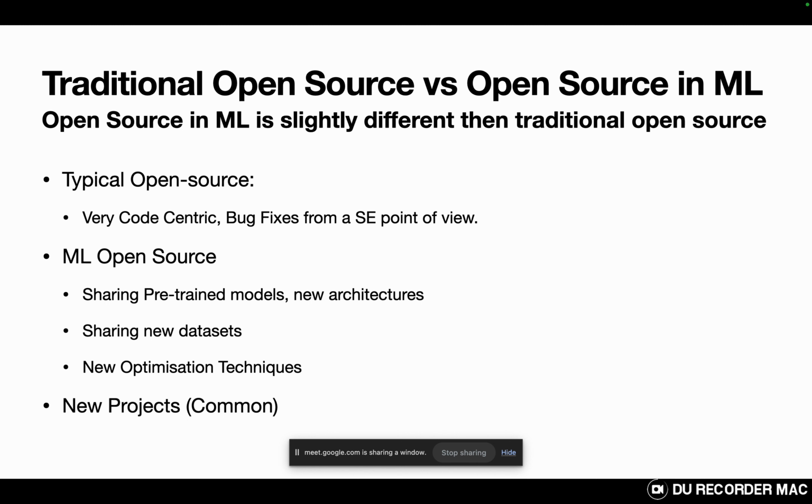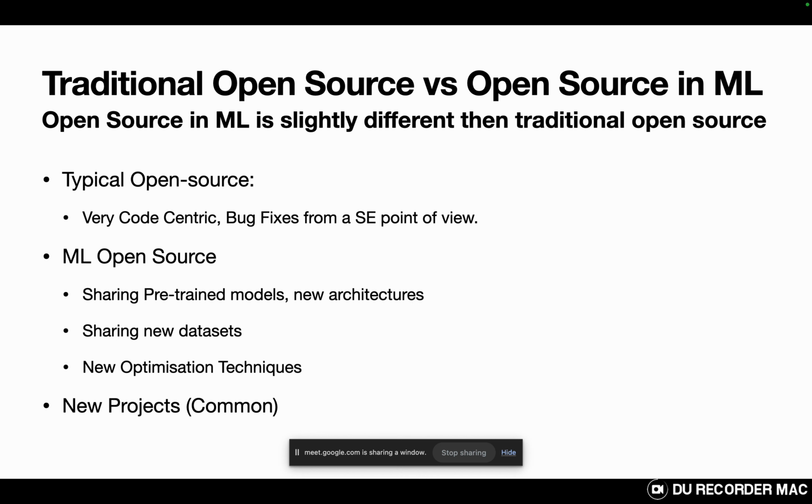So before talking more about how we can do open source in ML, I'll talk a little bit about how it is different from traditional open source. Traditional open source, which is mostly in the field of software engineering, is different from the open source contribution that you need to do in machine learning.